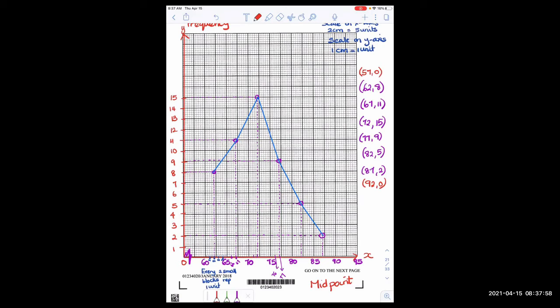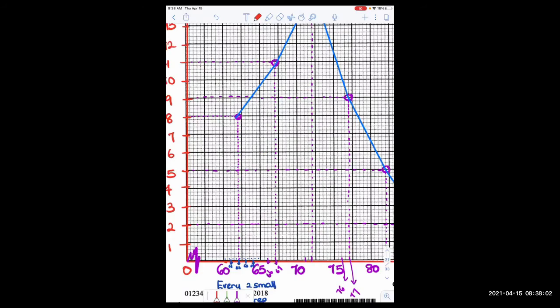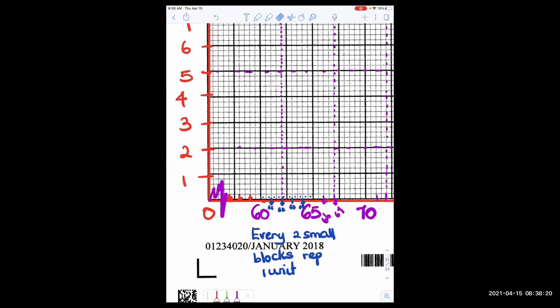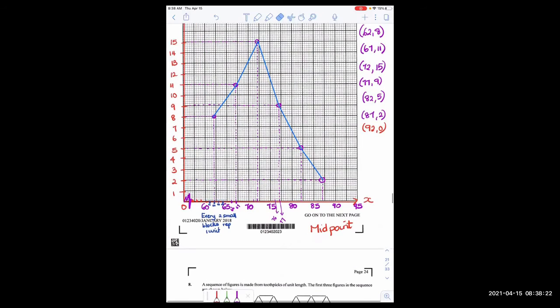So if this was the point 60, 2 blocks before 60 would be the point 59. Then we have 58, and this point here would be 57. So 57, 0 would be this point. On the y-axis, x is 57, but y is 0.